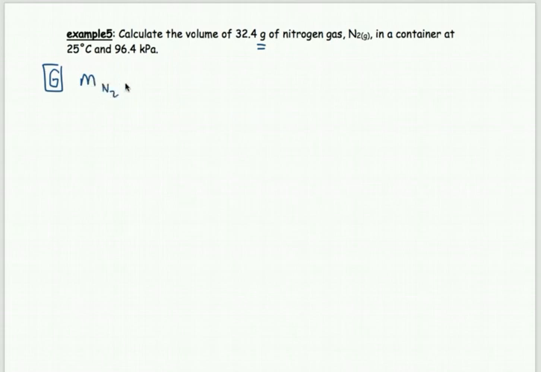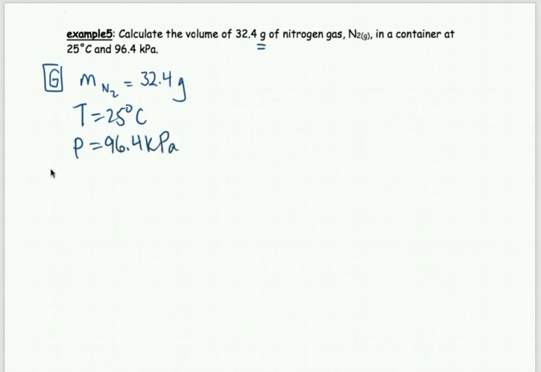So nitrogen is a diatomic, N2, 32.4 grams. Okay, so we know the mass in a container at a temperature of 25 degrees Celsius, and we know the pressure is 96.4 kilopascals. Okay, all right, and so our goal here is to find the volume of nitrogen.